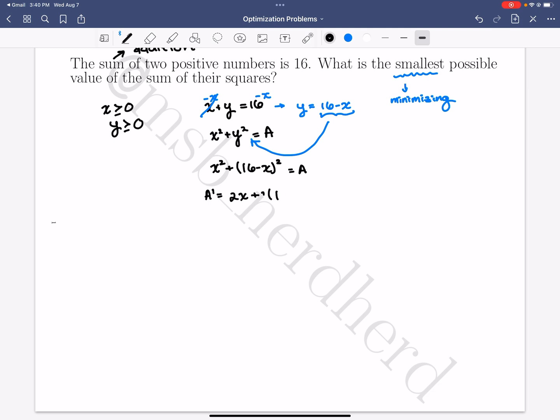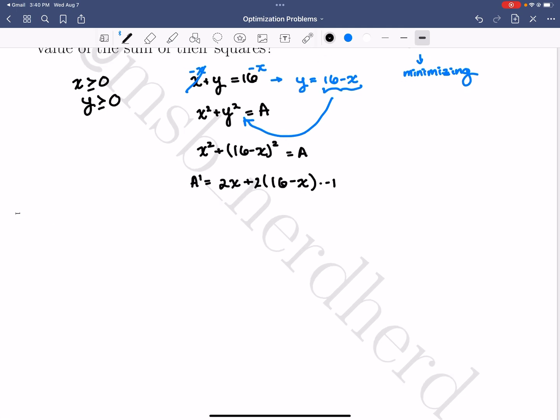So we have plus 2 times (16 minus x), invisible little 1 on top, and now we're going to use the chain rule to take the derivative of the inside. The derivative of 16 is going to be 0, but the derivative of negative x, or subtract x, is going to be negative 1. So we're going to multiply that by negative 1.